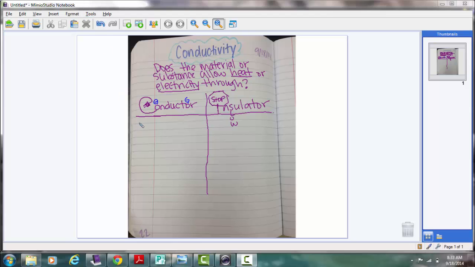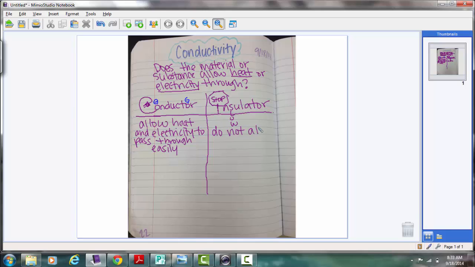All right, so conductors, we said, allow heat and electricity to pass through easily, while insulators do not allow heat and electricity to pass through easily.